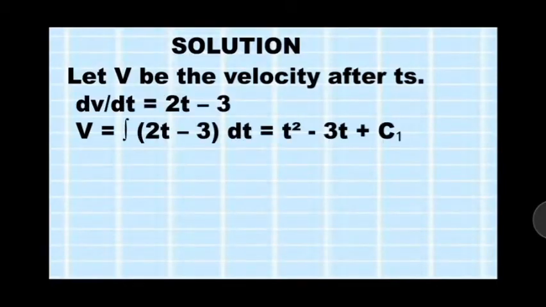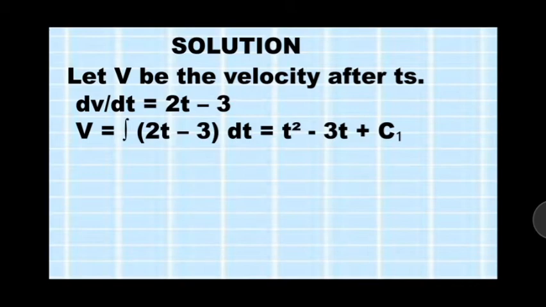Good. Let v be the velocity after t seconds. Now, dv/dt from the question is 2t minus 3. Do you remember, as I told you, that acceleration is dv/dt? So we are given acceleration as 2t minus 3 meters per second squared. That's why I'm representing it here with dv/dt.